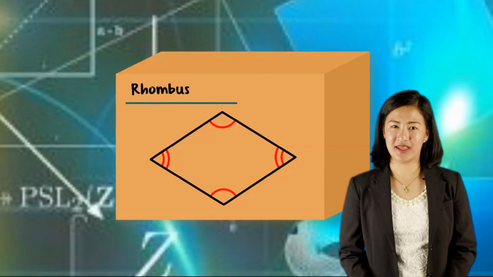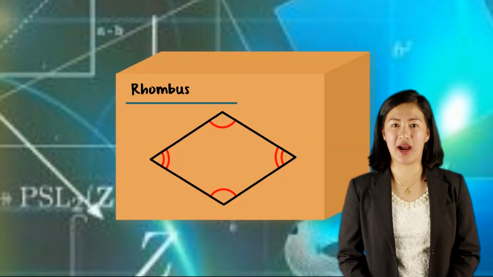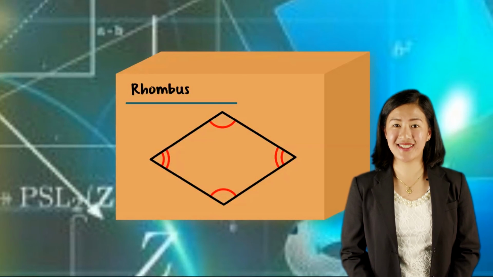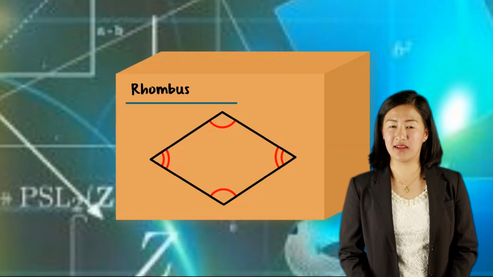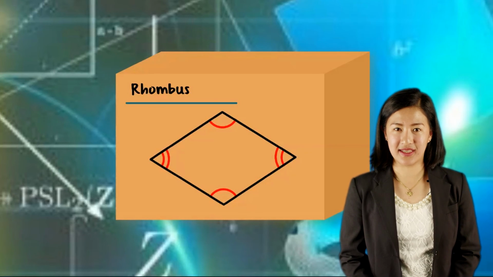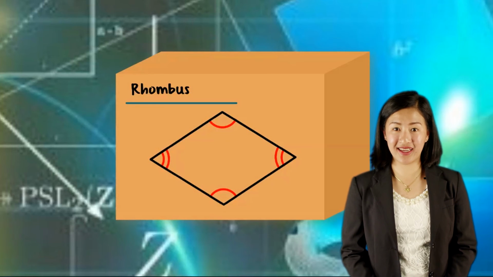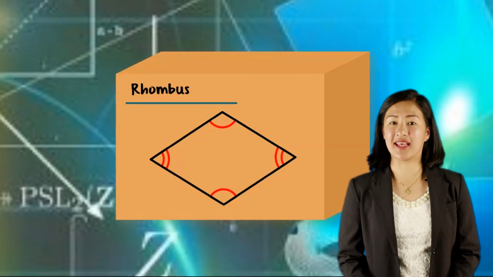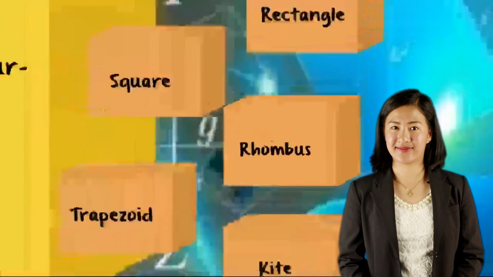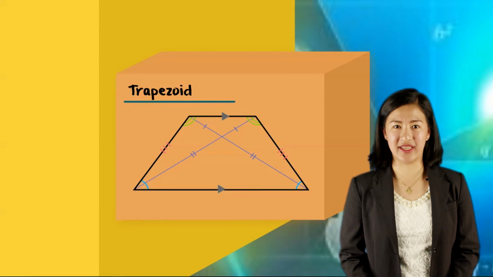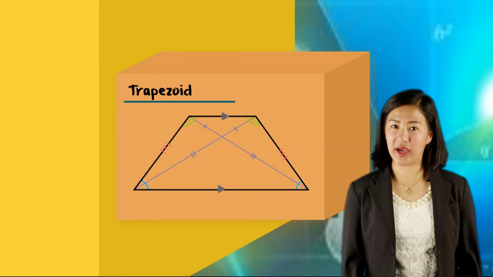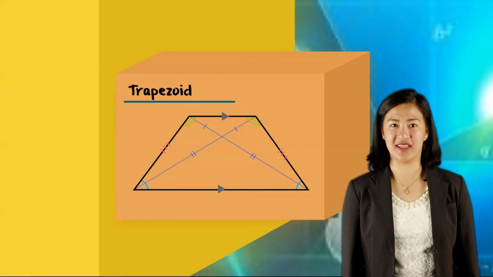Rhombus. Opposite sides are parallel. All sides are equal. Opposite angles are equal. Diagonals bisect each other at right angles. Trapezoid. One pair of opposite sides is parallel.